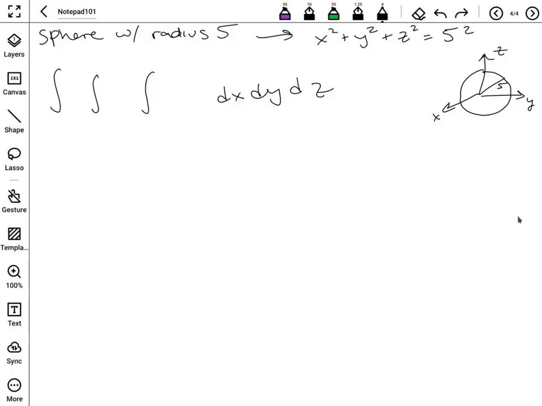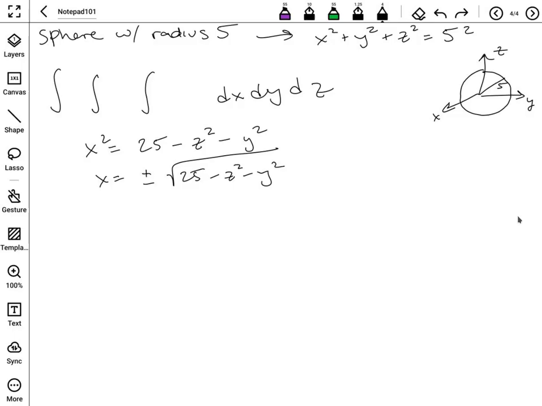So I just go to my surface and I solve for x. x squared is 25 minus z squared minus y squared, or x is plus or minus root 25 minus z squared minus y squared.